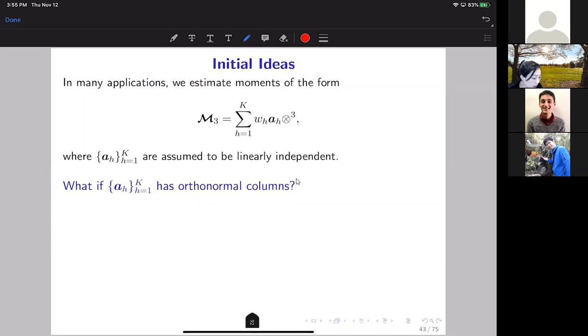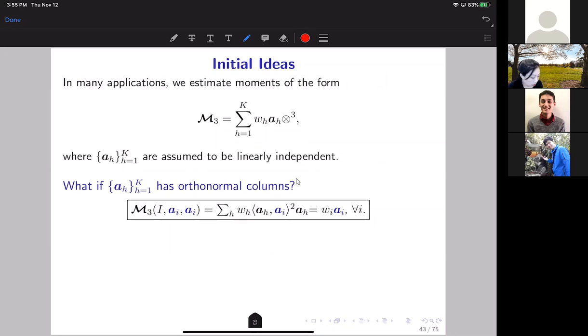What if the a_h are not only linearly independent, but have orthonormal columns? If they do, can we do something better? Can we have error tolerant algorithms? That is how people found error tolerant algorithms for tensor decomposition. But of course, the caveat is that you're not doing a linearly independent decomposition. You're doing an orthonormal decomposition, or tensor orthogonal decomposition.